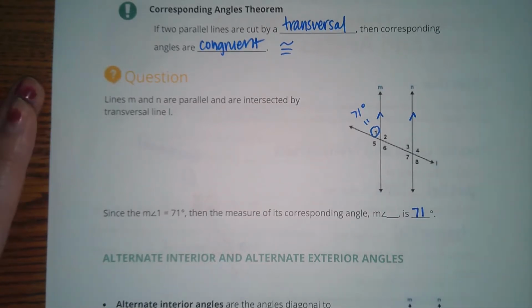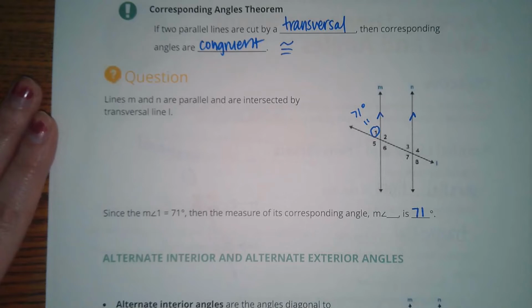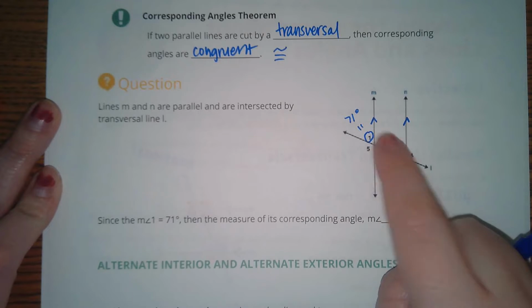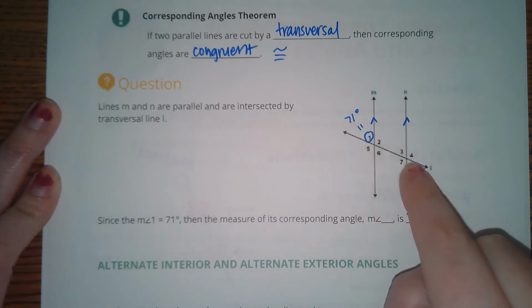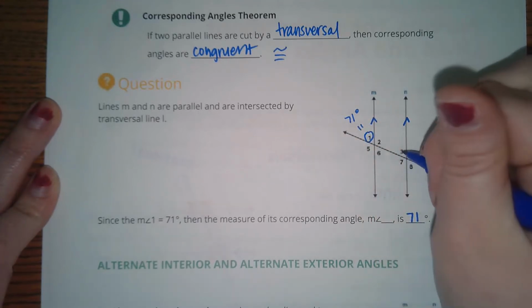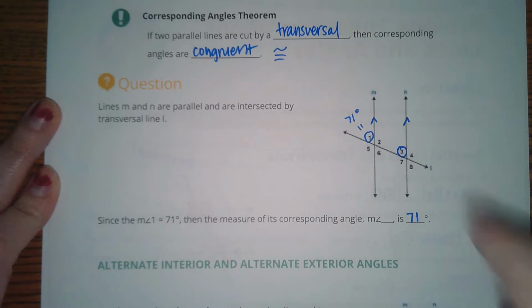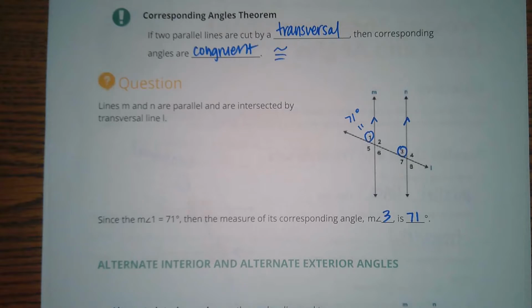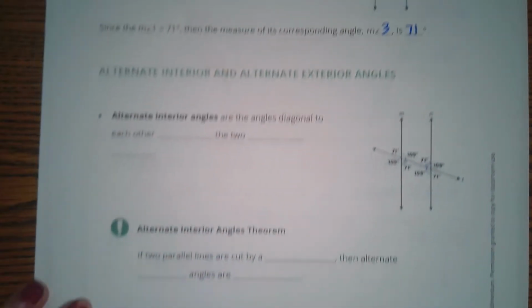So I know that corresponding angles should have the same measurement. Now I just need to figure out which one that is. This one is the top left of this area, so its corresponding angle must be 3, because that's also in the top left of its little group. So the measure of angle 3 is also 71 degrees.